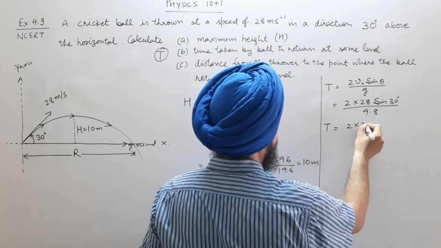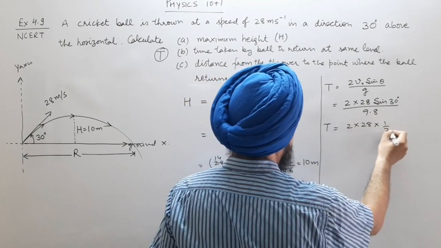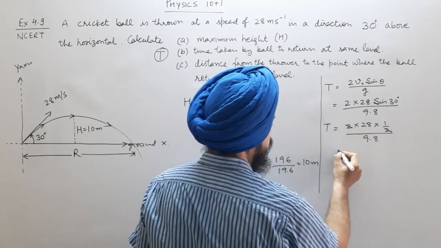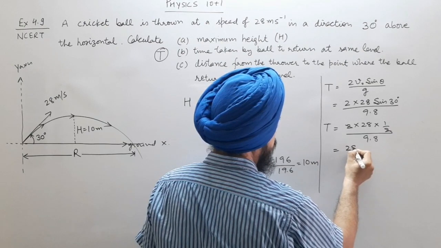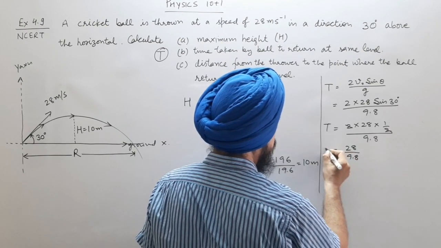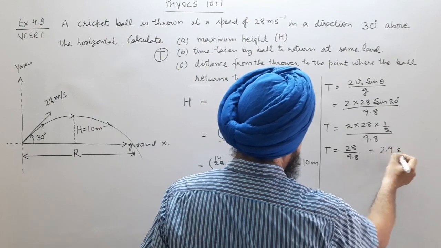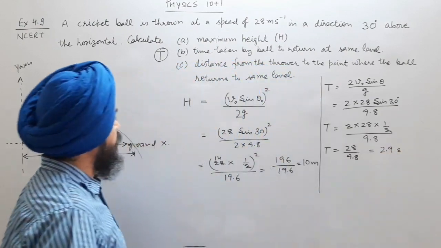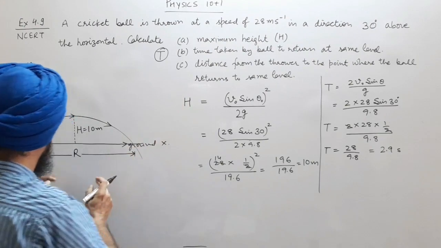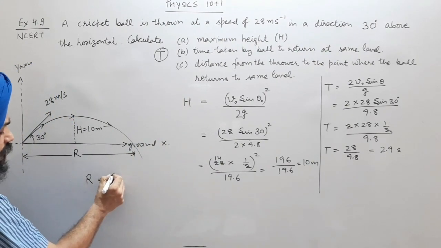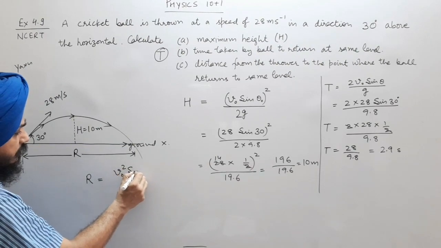So 2 times 28 times 1 by 2 over 9.8. So the 2s cancel, and we are left with 28 upon 9.8, which is 2.9 seconds.